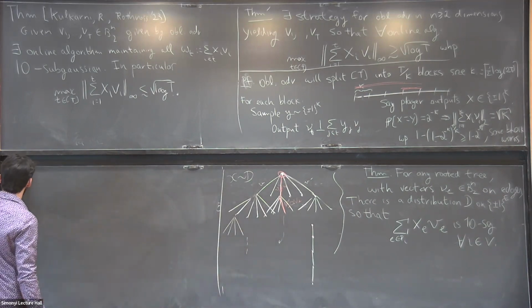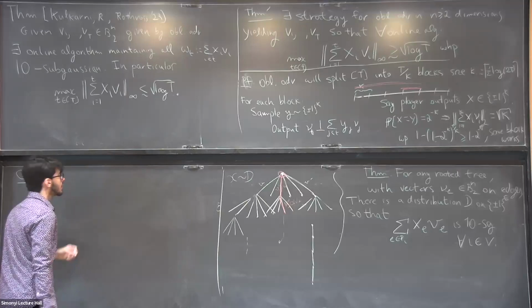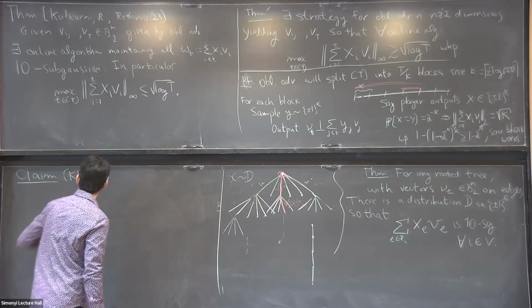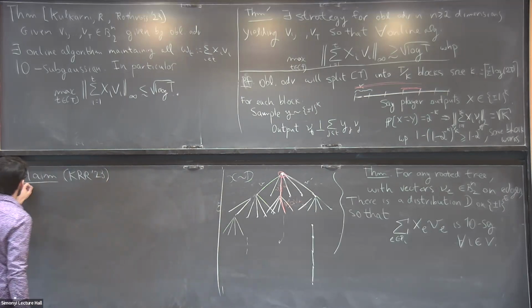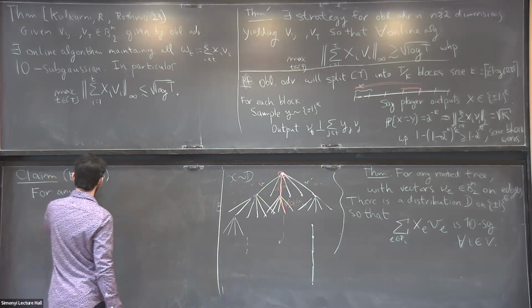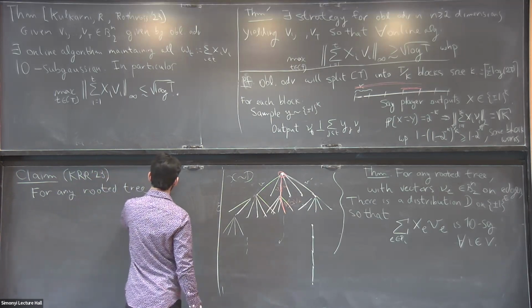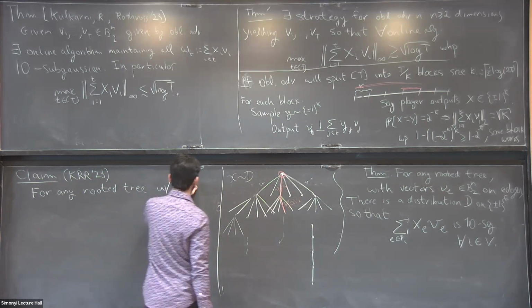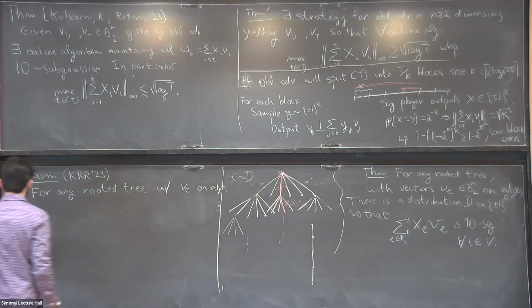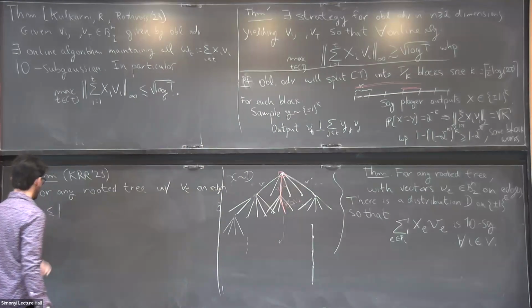So the claim is that for any rooted tree with vectors VE on the edges, bounded by 1.